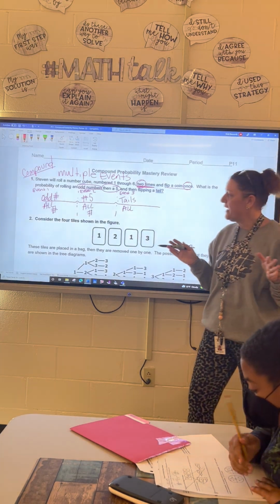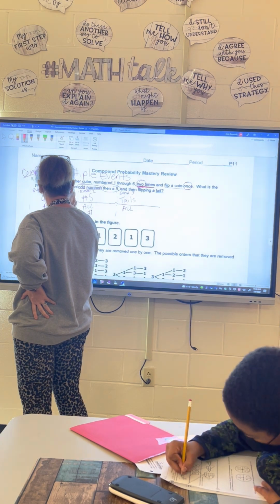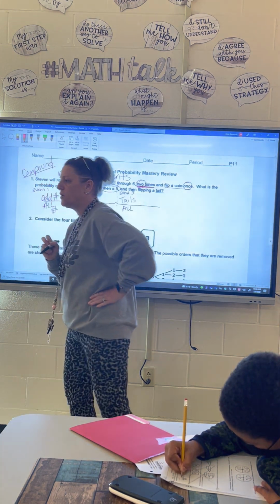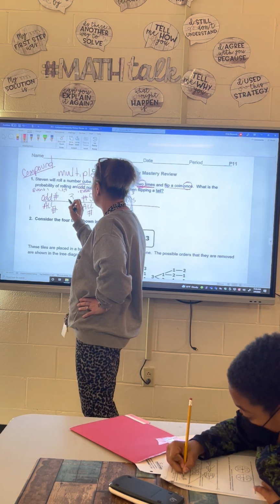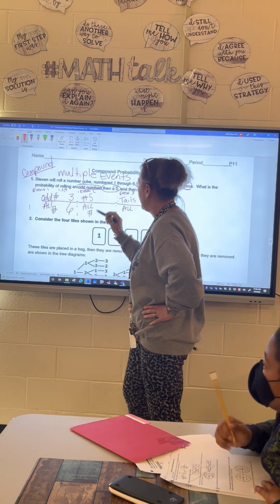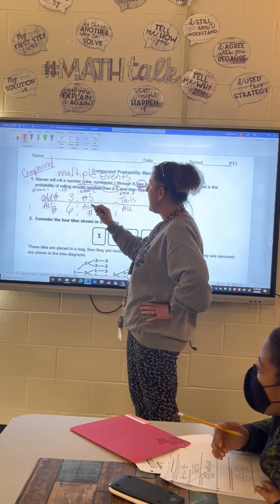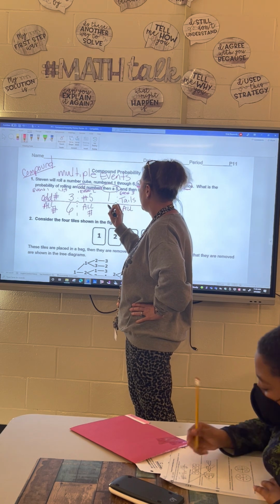No. So now, an odd number. That would be a 1, a 3, or a 5 on a number cube, right? So how many numbers is that? 3. Out of how many? 3 out of 6. Right? And getting the number 5 out of all numbers, what is the probability of that? 1 out of 6.